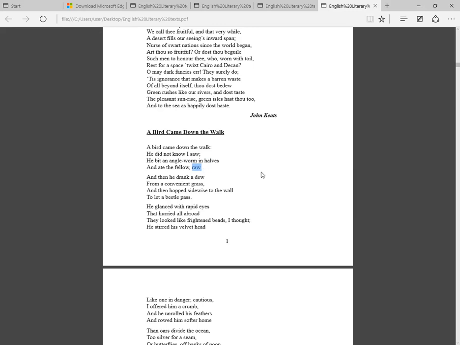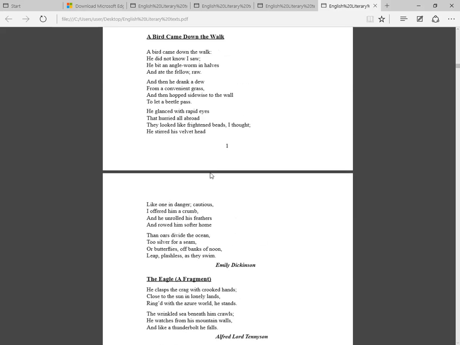Then how is the rhyme pattern? A, B, C, B. Clear? A B C B. Yes, sir.